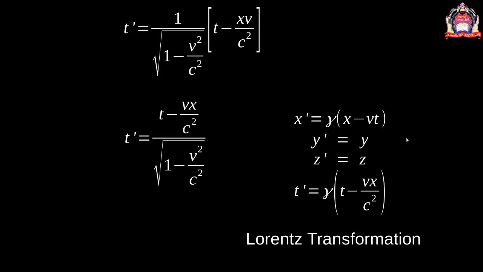The equations give the Lorentz transformation equations. Now consider the case where the system S is moving relative to S dash. In the first case we said that S is stationary and S dash is in motion relative to S. Now we are saying that if the system S is moving with velocity v with respect to S dash, we get the inverse Lorentz transformation equations by putting minus v in place of v and interchanging the primed and unprimed quantities.